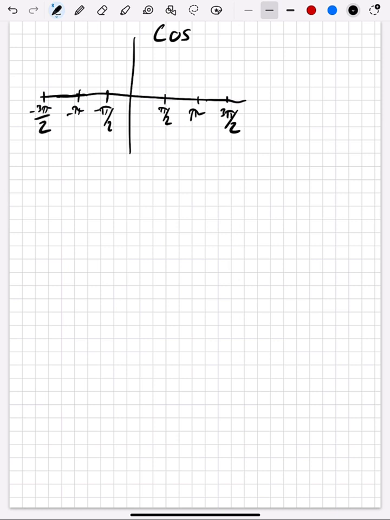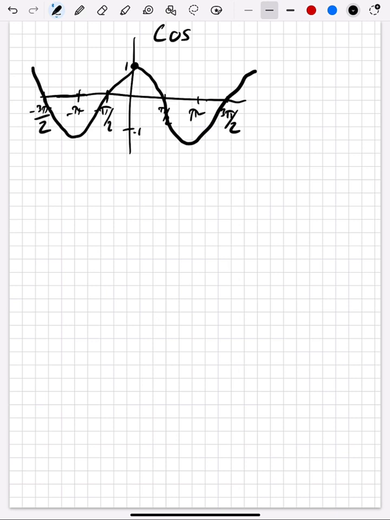The cosine starts at 0, 1. So here's 1. Down here would be negative 1, and it always has a range of 1 and negative 1. So the cosine curve does this. It looks something like that.